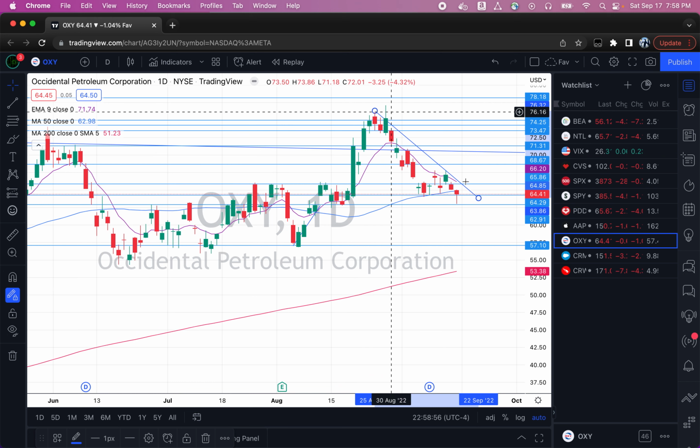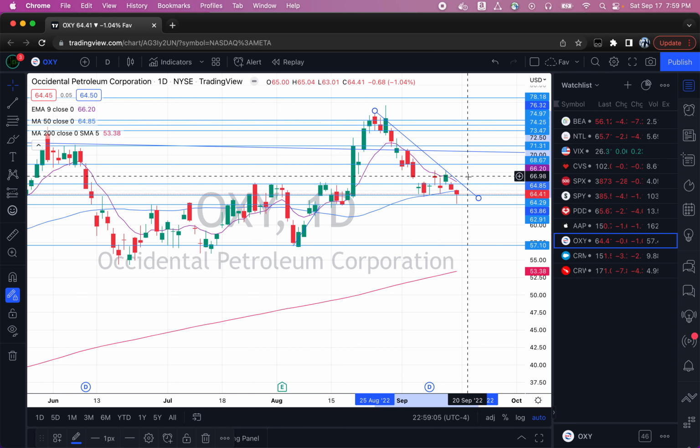So for this one, let's say you have entered around here, because it's below the 50 MA and you're trading 1 month or 2 months out, then you need to wait until this resistance or this trend is broken. You can just hold it until this resistance is broken.